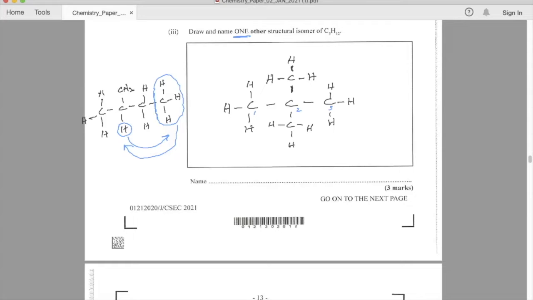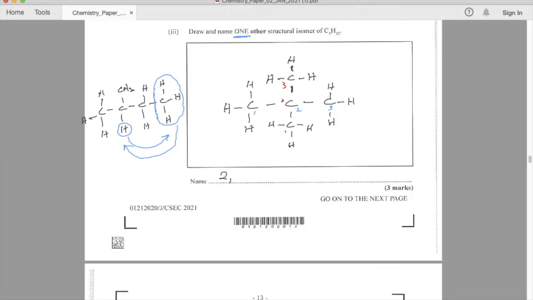But I could use a different color. I could count, this could be 1, 2, 3. But either way, on carbon 2, there are 2 methyl groups. So what we would name this, we would say 2, and we use a comma to separate numbers. And because we have on carbon 2 a methyl group, we're giving the position of the methyl group.